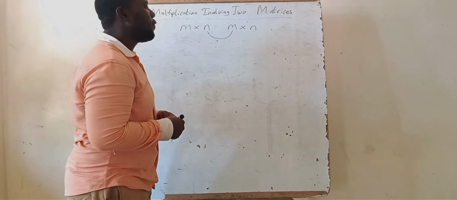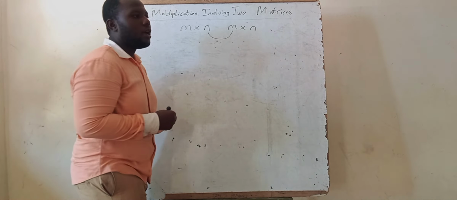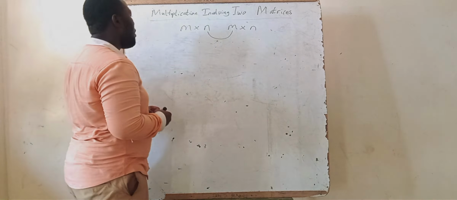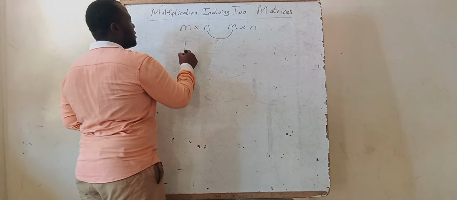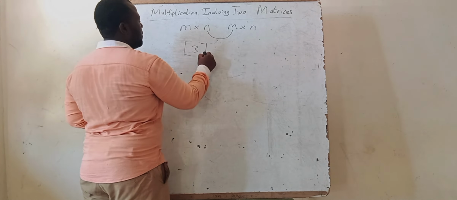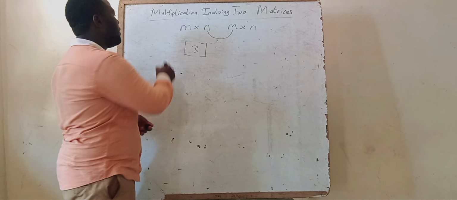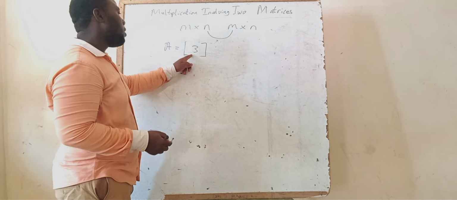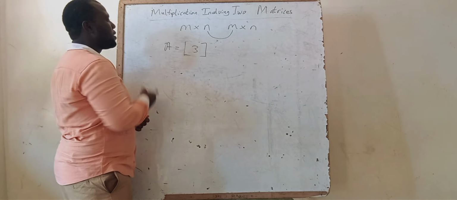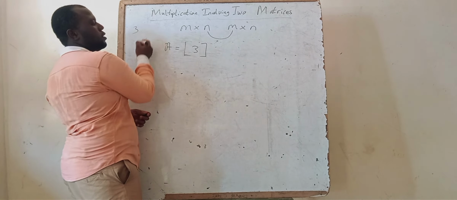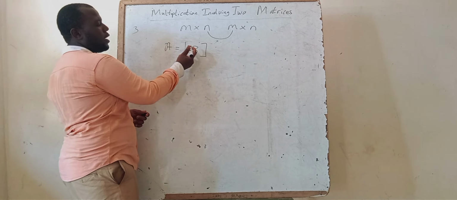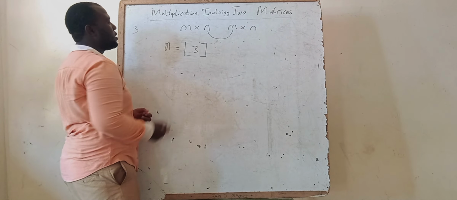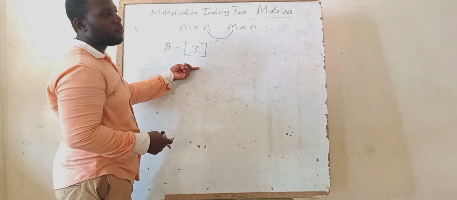For example, take a one by one matrix, maybe A is equal to 3. This is not a scalar. This is a one by one matrix. A scalar is, for example, 3, not 3 in this square bracket. Three in this square bracket is a one by one matrix.